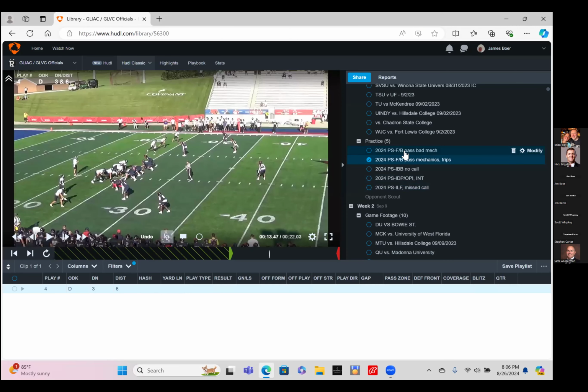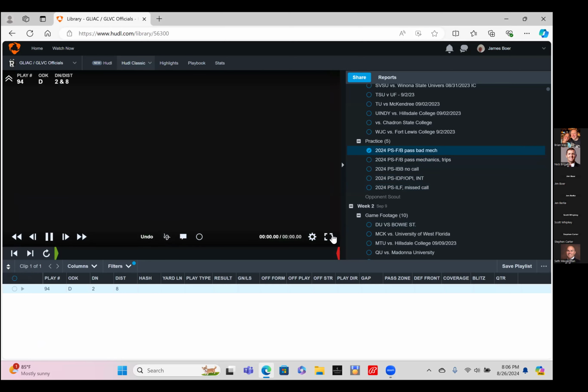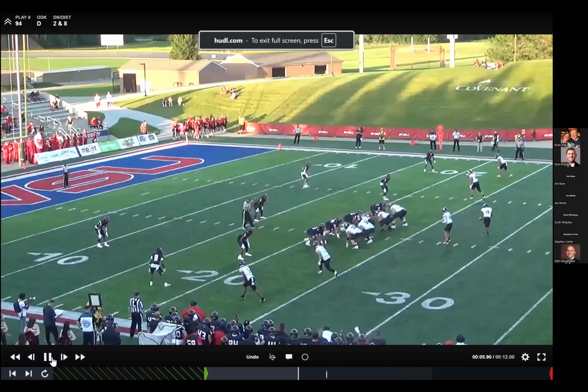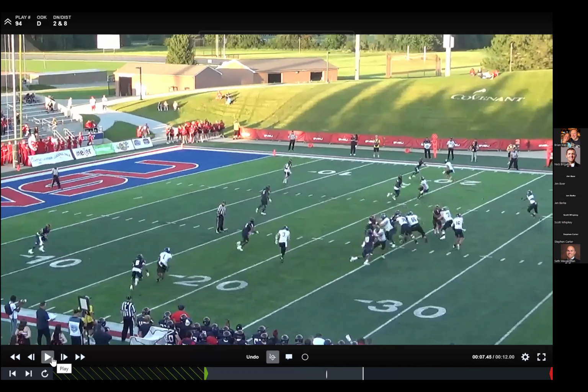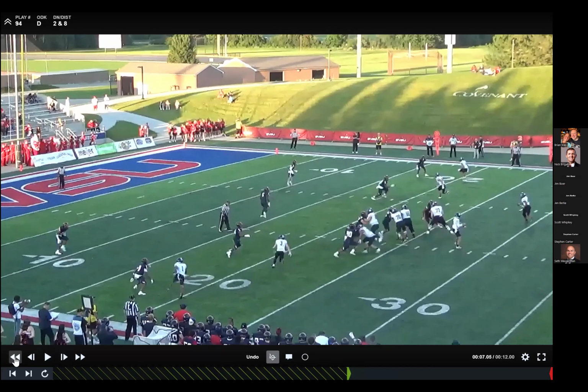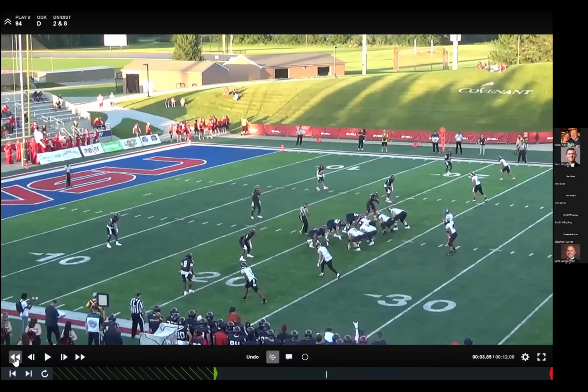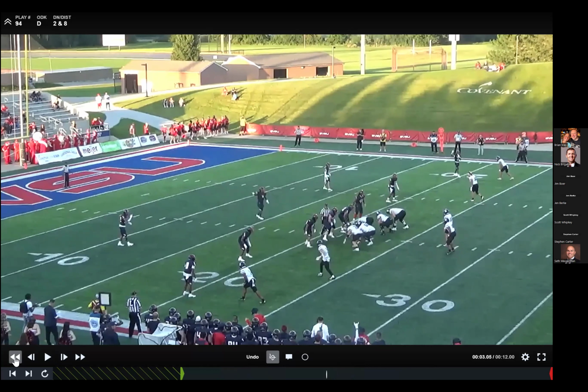Next one is the same thing, and now it's in the second half, so we've flipped responsibility. Headlines is at the top, but we have a balanced formation, so the line judge is going to be primary on this.